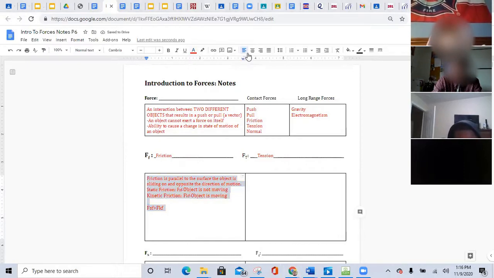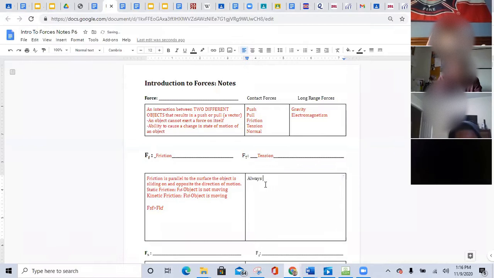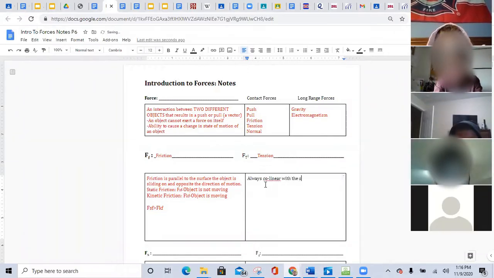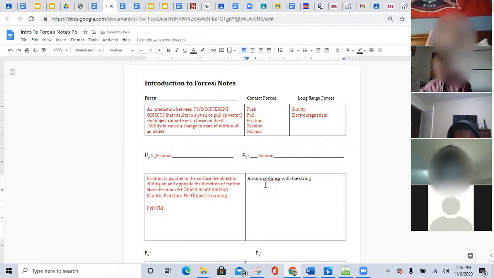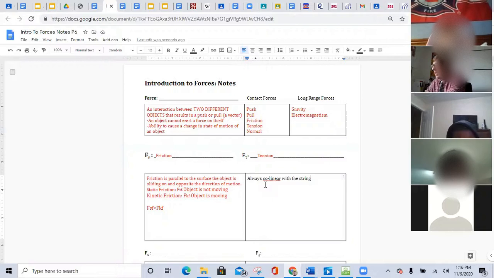Oops, some people got dropped. So, and I'm always going to say, it's always collinear with the string, meaning it's always along the line of a string. I'm going to show you examples of a tension force after this.